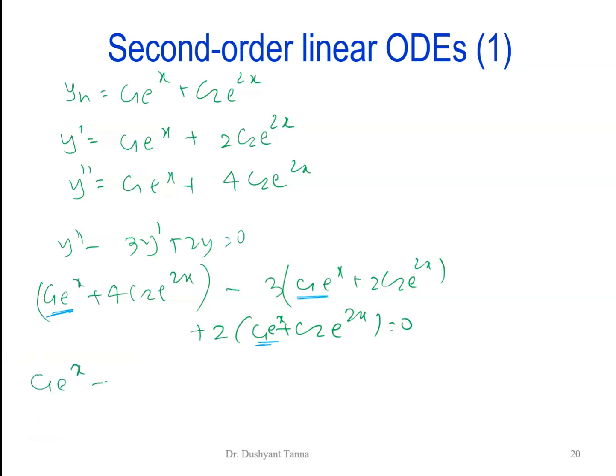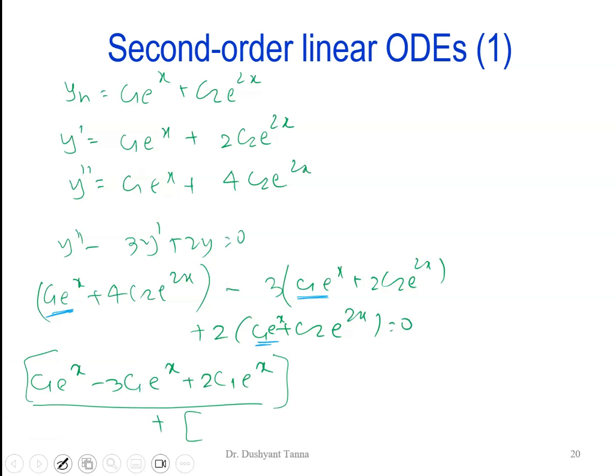C1 e raised to x, minus 3C1 e raised to x, plus 2C1 e raised to x, right? That's my first bracket. Plus the C2 part. 1, 2, and 3.